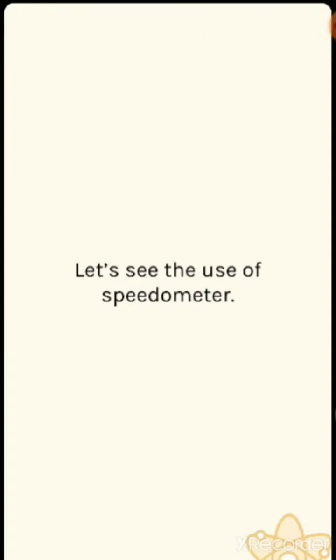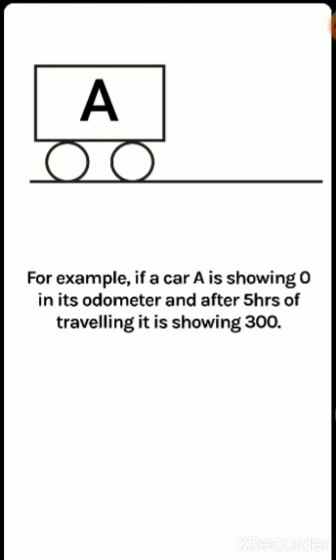Let us see the use of a speedometer. How can we use the speedometer? Let us see that. For example, if a car A is showing 0 in its odometer, that means 0 distance traveled, that means it has not traveled. And after 5 hours of traveling, it is showing 300.